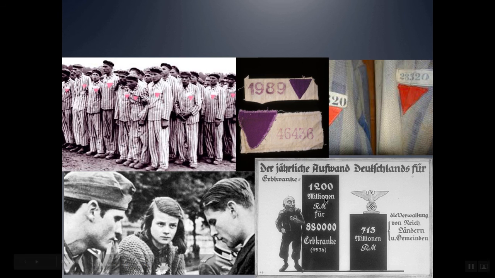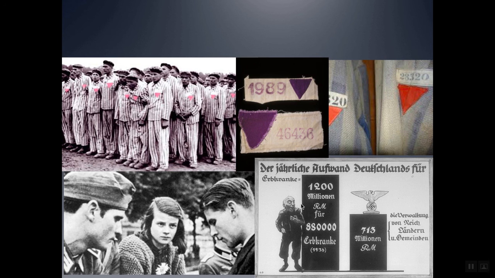And just so you guys can see another one of the propaganda pieces, this literally says how much money was spent on caring for people that were not mentally capable, in Hitler's mind.